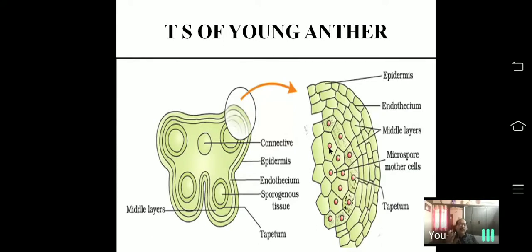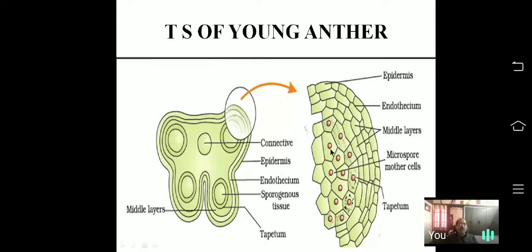That cluster of four haploid cells is called a tetrad. After dissociation of the tetrad, four pollen grains will separate. So when the anther completely matures, these layers break open and release the pollen grains into the air.